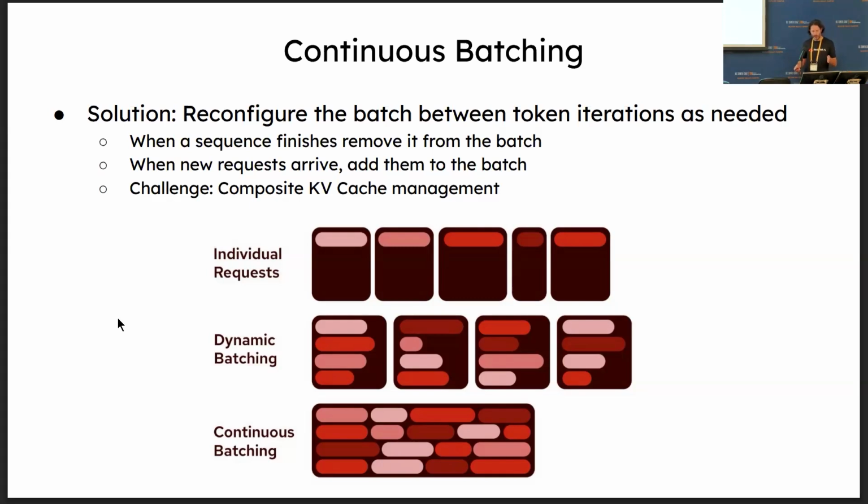So you can see in the lower picture here, this keeps the batch full and helps a lot with the latency, because new requests coming in don't have to wait for all of the existing requests to finish before they can get started and start streaming the tokens back as they're generated.